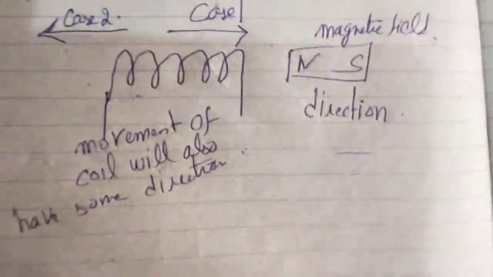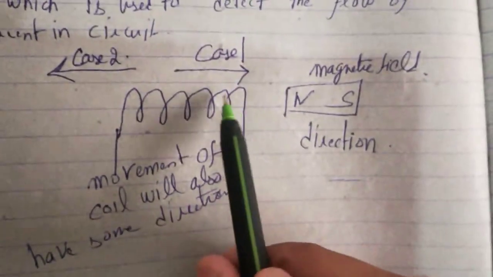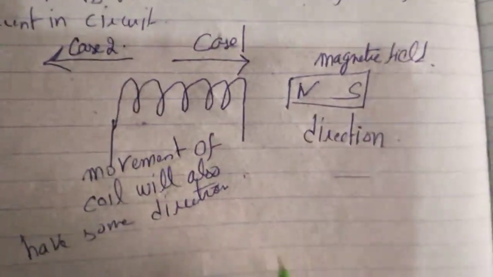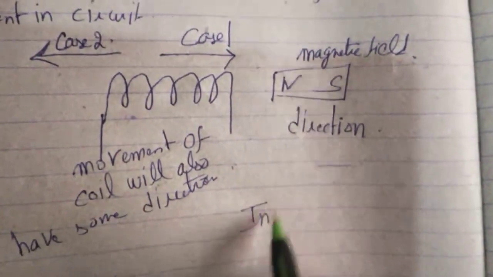When the coil is moving toward the bar magnet or away from the bar magnet, in both cases induced current will be produced in the coil.